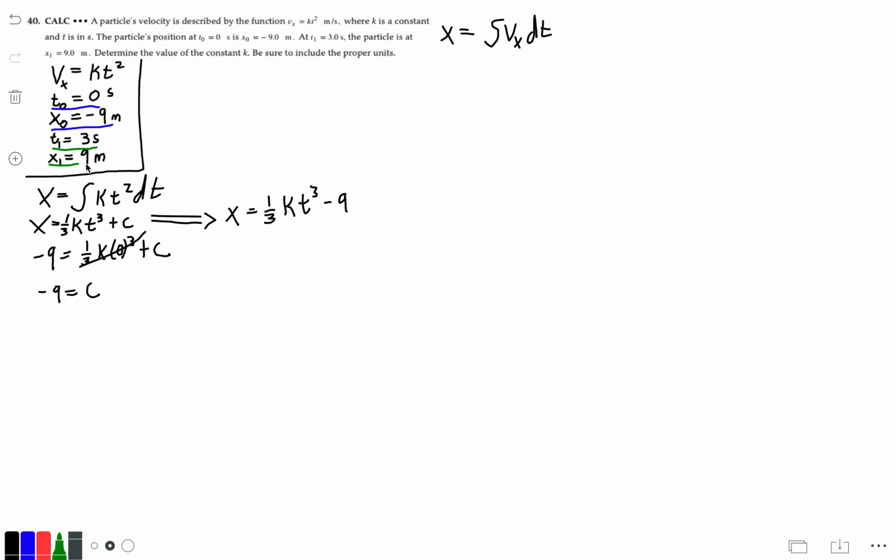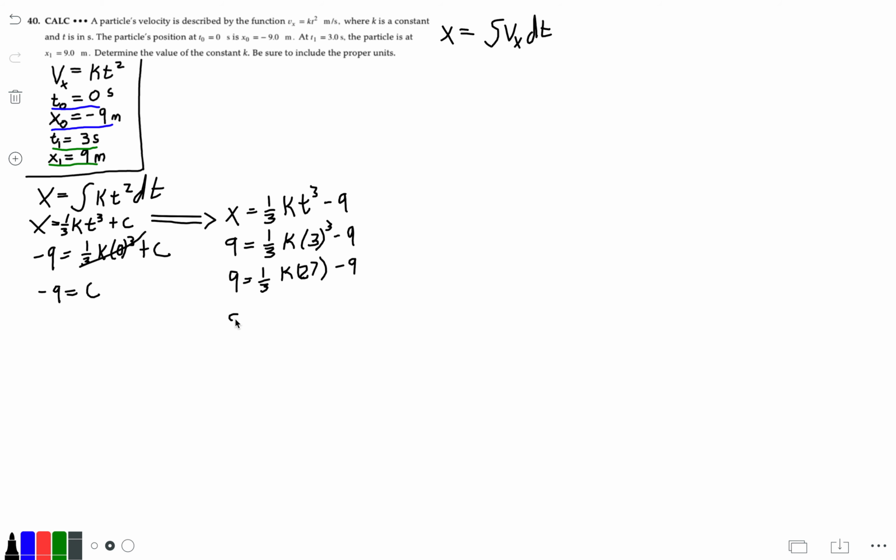And from here, we're going to plug in our t sub 1 and x sub 1 values to solve for k. So now we have 9 equals 1 divided by 3 k times 3 cubed minus 9. And a little bit of algebra here, we get 9 equals 1 divided by 3 times k times 27 minus 9.